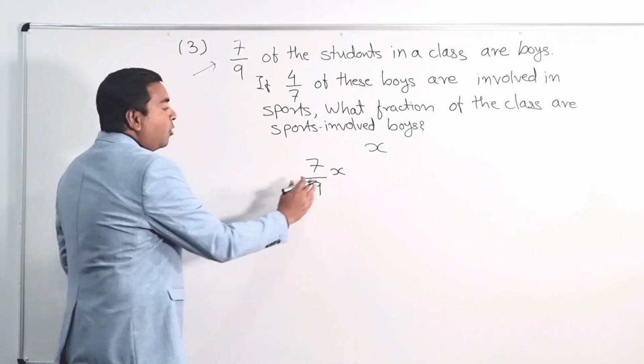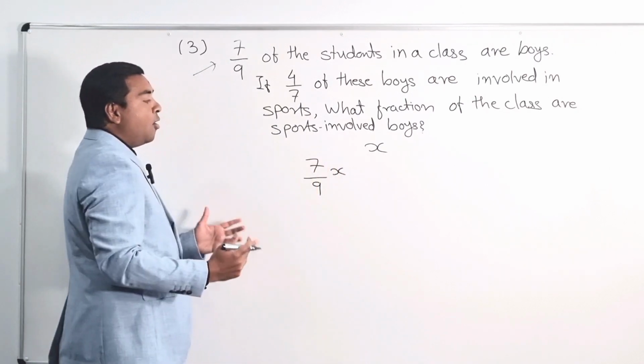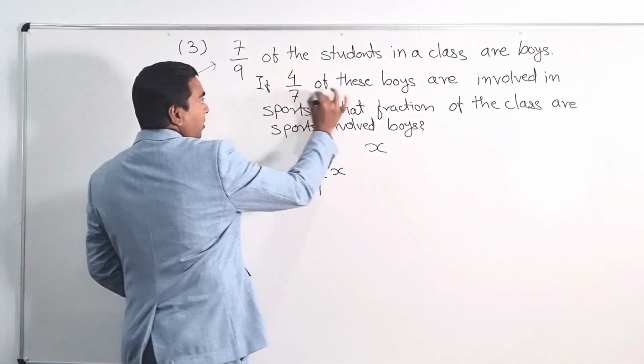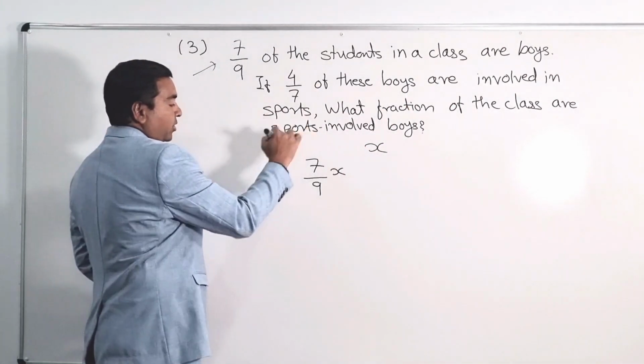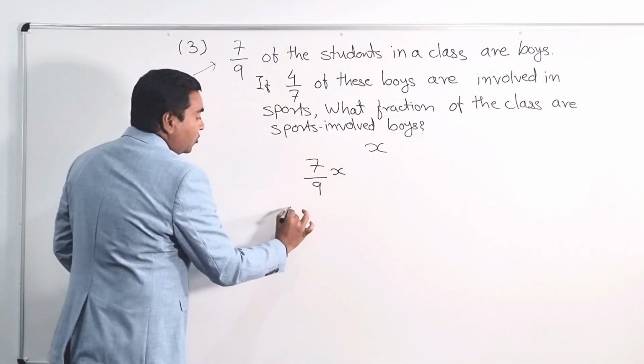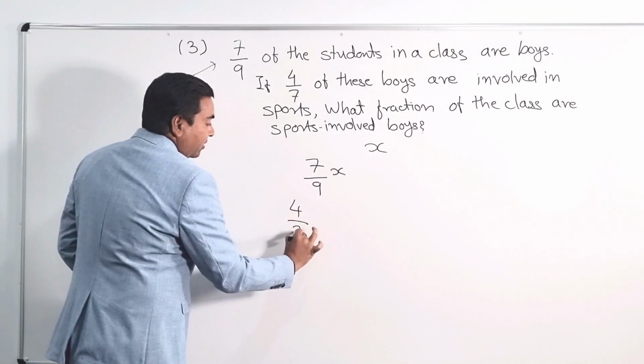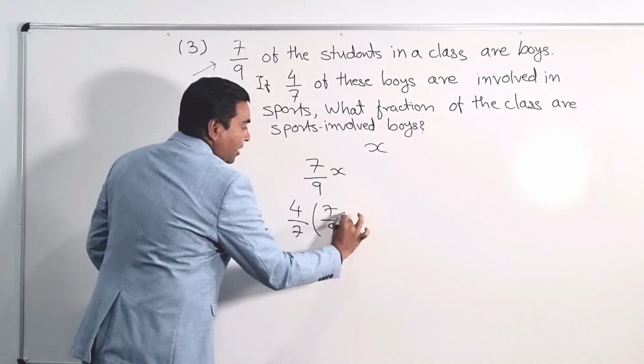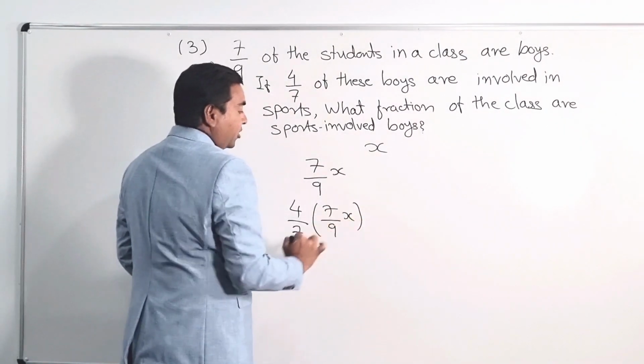Now, out of all these boys, how many of them are involved in sports? So 4/7 of the boys are involved in the sports. So I've got to do 4/7 of total boys involved in the sports.